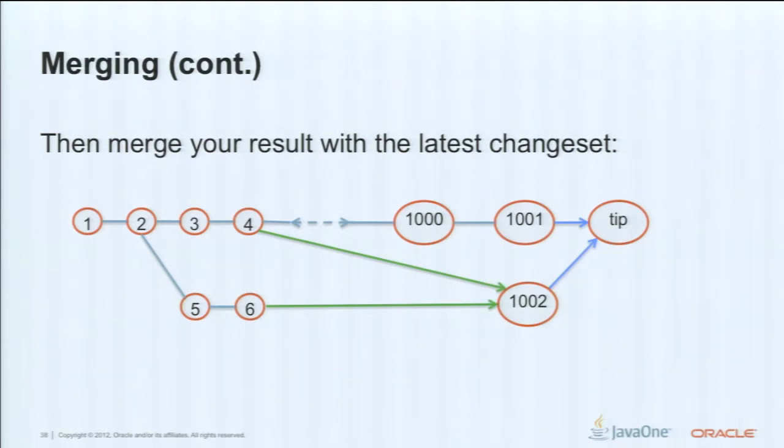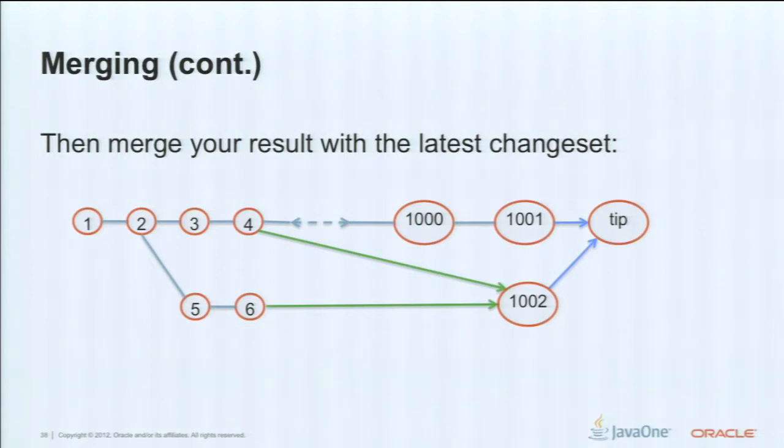However, if it's still difficult to merge change set 1002 and 1001, you just need to try one more iteration. Try to find again a change set that would be easy to merge, but it should not be change set number 4 again. It should be another change set, 5, 6, or not even 5, 6. For example, 7, 8, starting from 7, 8 here.